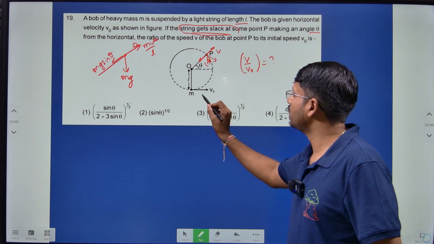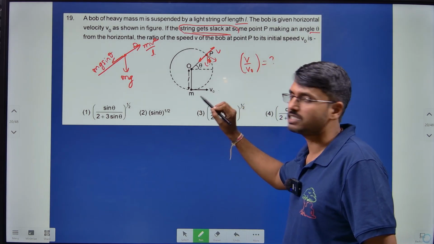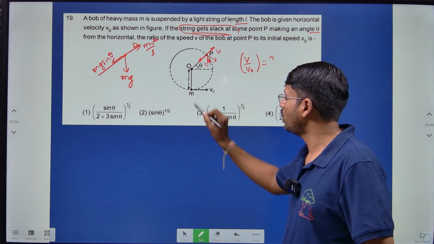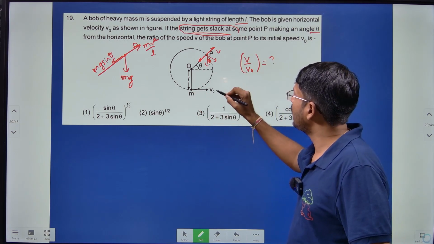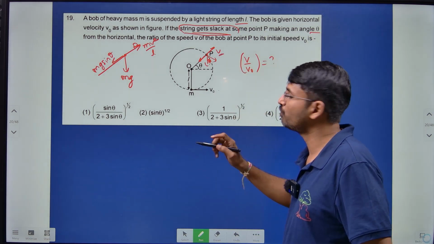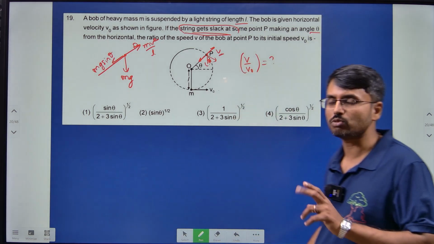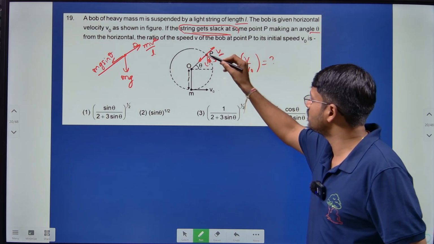What is the energy at this particular point? If you take this as a reference here, potential energy will be 0 and we will have only the kinetic energy, half mv0 square. As the particle reaches this particular point, it has some velocity v, so it has a kinetic energy half mv square. And what is the potential energy at this point?